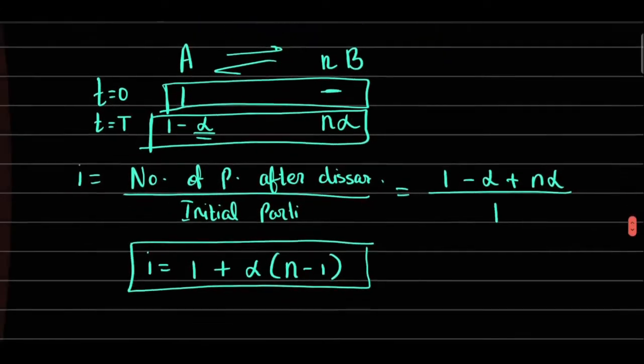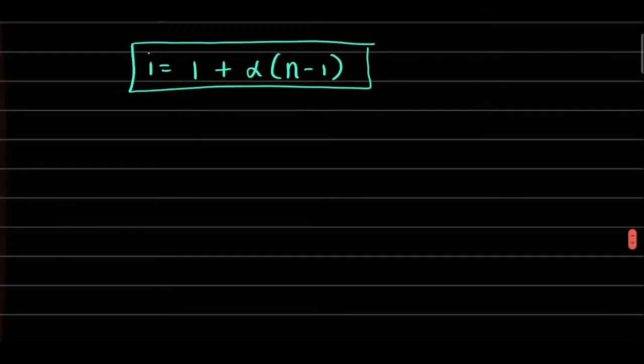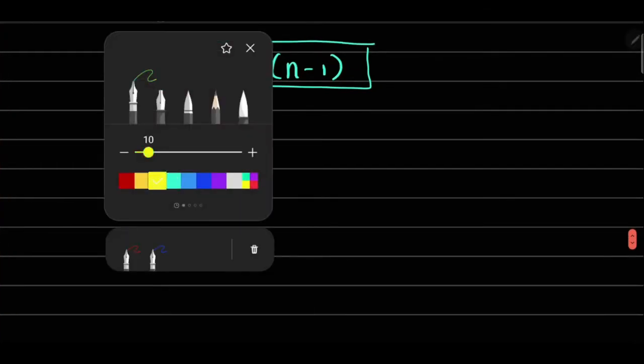So now let us move to the association of solute molecules. Association of solute. First let us take an example, and after that let us generalize it to a general chemical reaction.